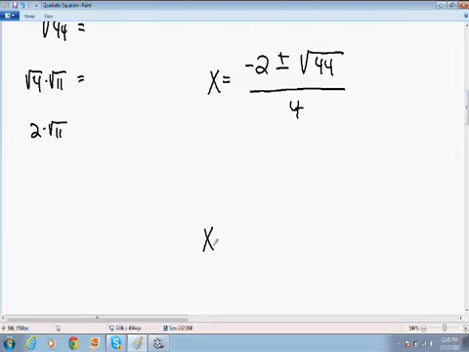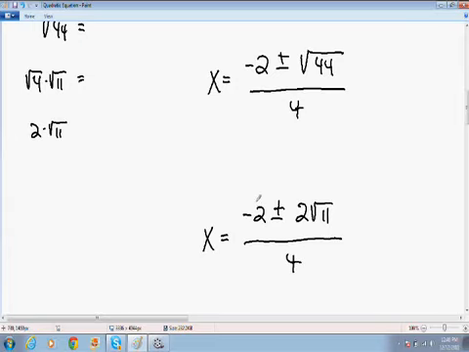Now I'm going to rewrite this equation as negative 2 plus or minus, instead of the square root of 44, 2 times the square root of 11, all divided by 4. And last but not least, we have to check if all the terms have something in common.